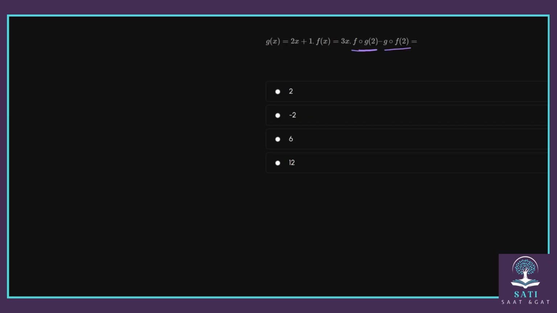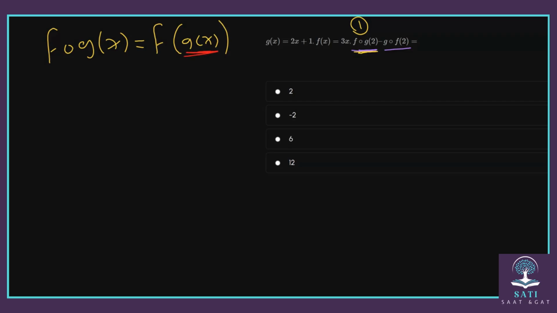Okay, we'll start with the first part, which is part 1. f of g of x, as we know, we can rewrite it this way. Here it means f of, you take g of x and you put it inside f of x.